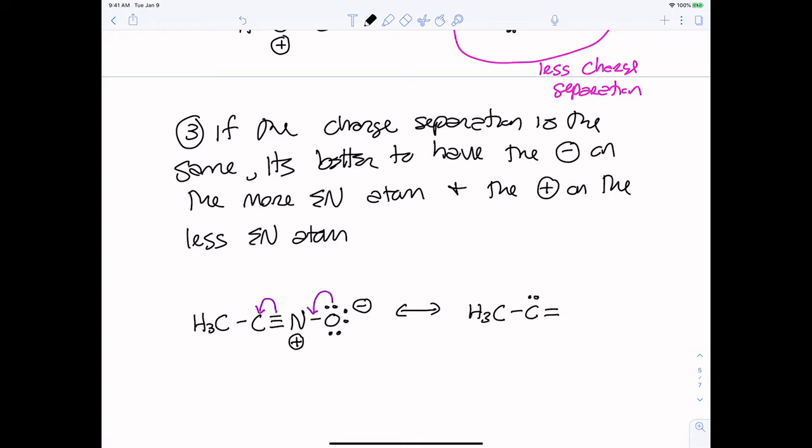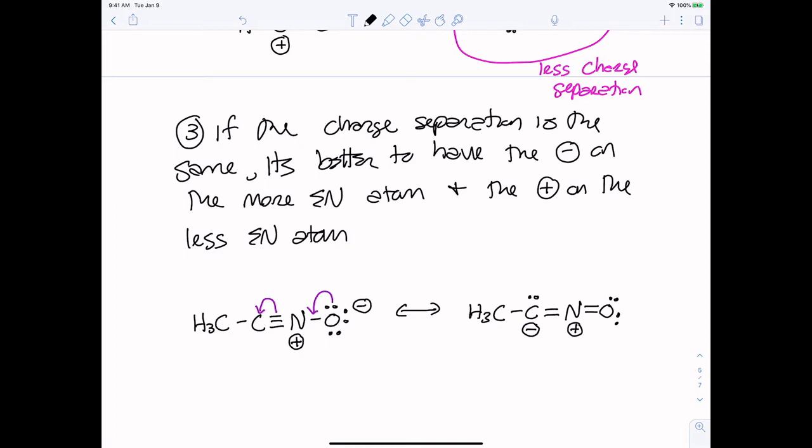Because I moved 2 of the 4 pi electrons onto carbon. That's that lone pair. Nitrogen now has the sigma and the pi, and then oxygen just has 2 lone pairs because I moved 2 of those to make that pi bond. When I do my formal charge calculation now, I still have a positive on nitrogen, but I have a negative on carbon now. Also good practice for you to get your formal charge.